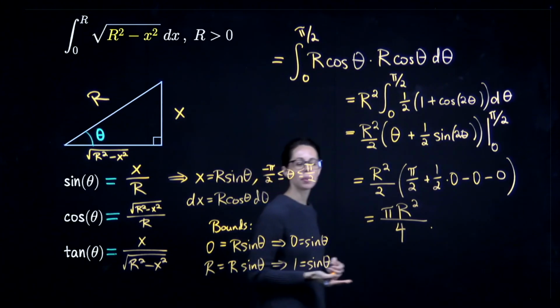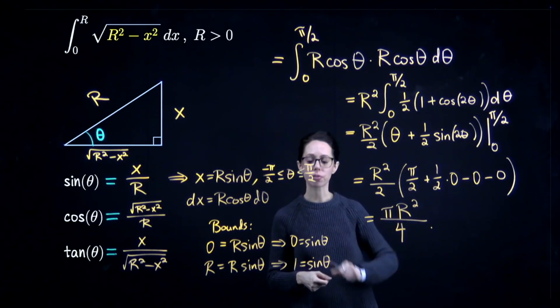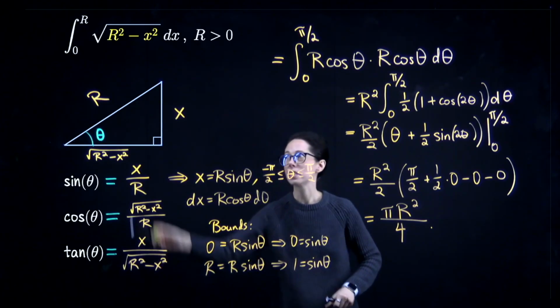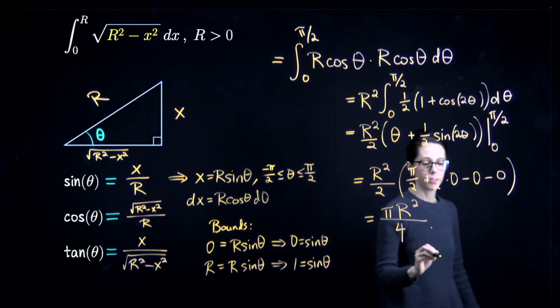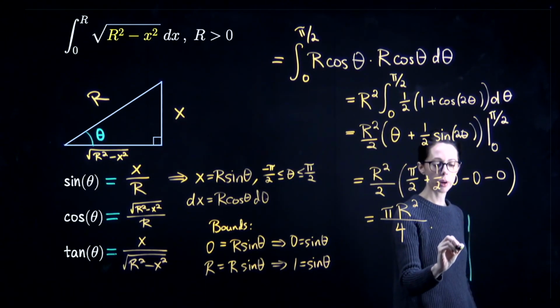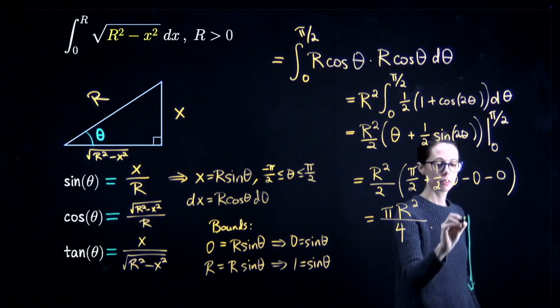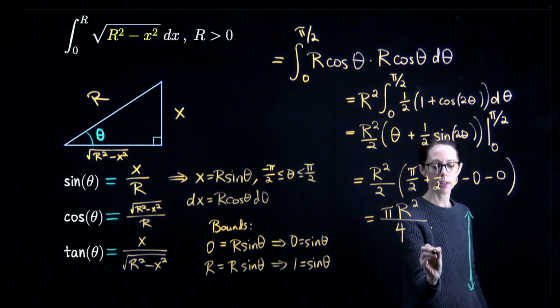You think, hey, that sounds familiar. That's because it's a quarter of the area of a circle of radius r, and that's actually what this integral was really asking for us to compute. So if you graph the function y equals the square root of r squared minus x squared, it's going to be the upper semicircle of radius r.